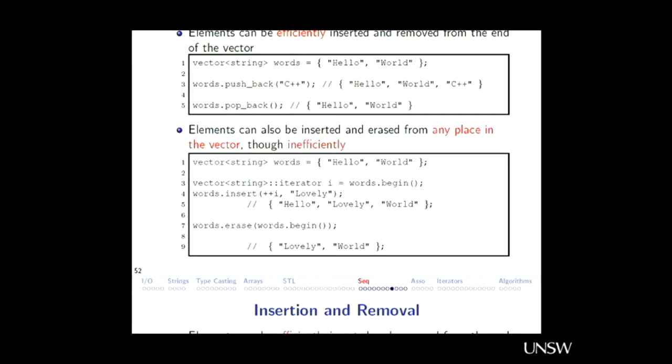And to insert into the middle, we have a vector of words, hello, world. We have this particular type here, vector<string>::iterator, and again, unfortunately it's missing from the slides, but it should be std:: in front of these things. words.begin gets us an iterator to the first thing. The iterator is not of type string, and it is also not of type vector.